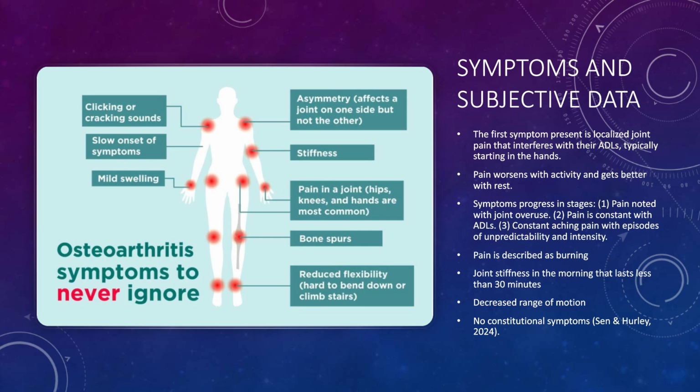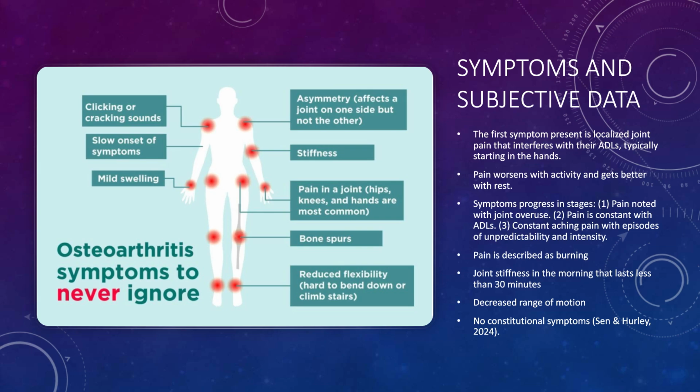Stage 2 is pain that is constant and affects their activities of daily living, which is episodic in nature and also contributes to having increased stiffness in the joints. Stage 3 is when you're having constant aching and dull episodic pain that is unpredictable and intense, which causes limited mobility.